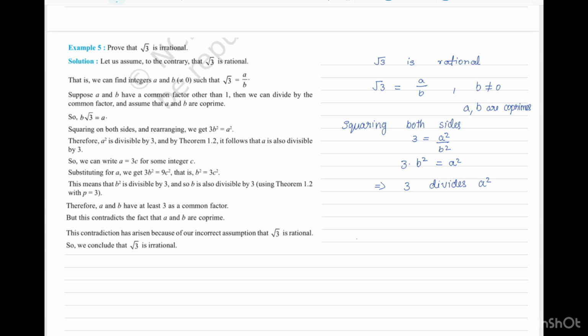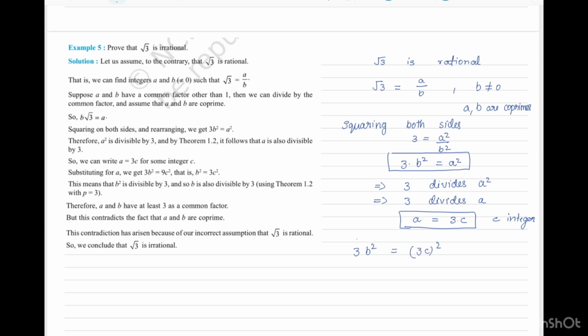By theorem 1.2, we can say that 3 divides a. 3 divides a means a can be written as a multiple of 3, like 3 into c, where c is an integer. But we have already proved that 3 into b square equal to a square.